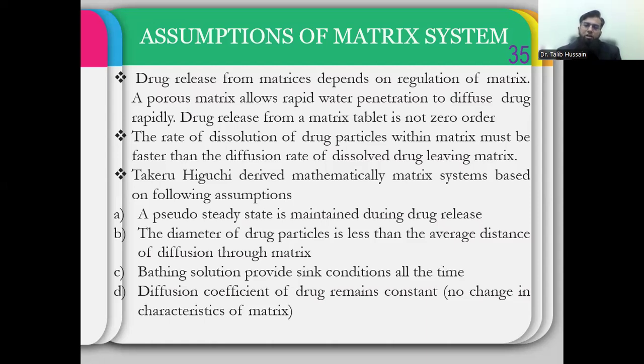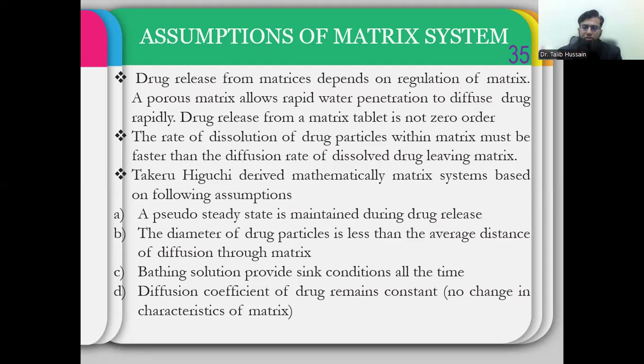So there is one scientist known as Takeru Higuchi, who mathematically derived an equation for the matrix system, based on the following four assumptions. Number one, a polymeric matrix can demonstrate a pseudo steady state, known as a constant drug release from the system, equal to the amount of the drug which is evacuated from the body.